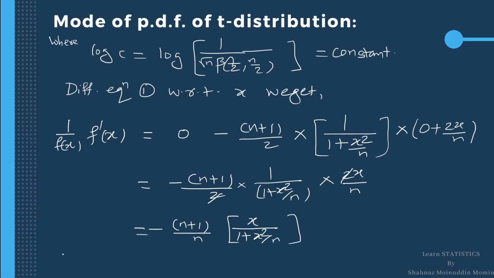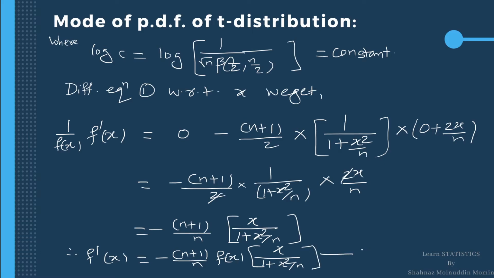Therefore f dash x is equal to minus n plus 1 upon n into fx into x divided by 1 plus x square by n. Call it equation number 2 for our further reference.